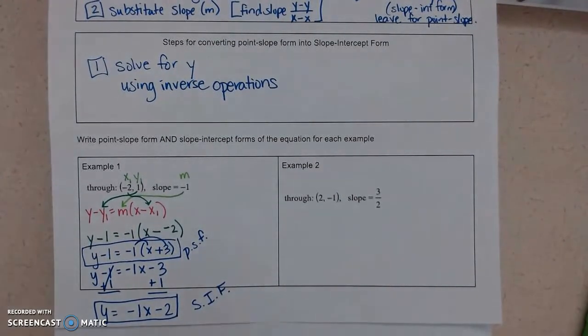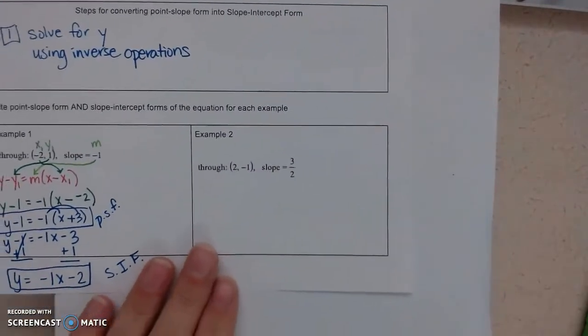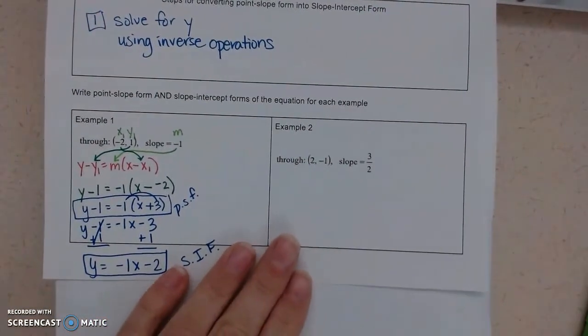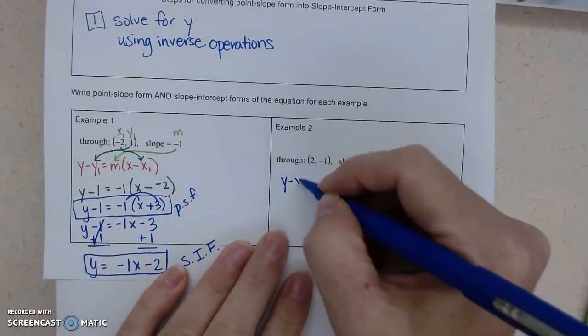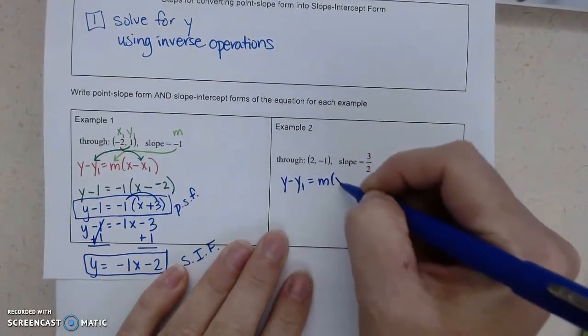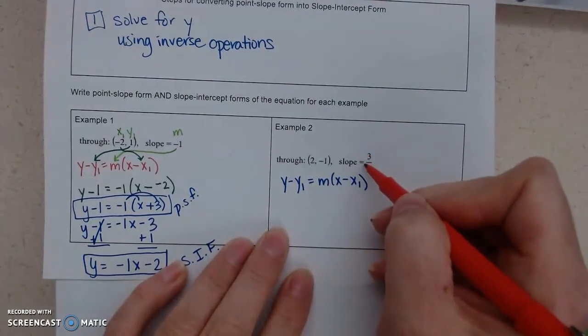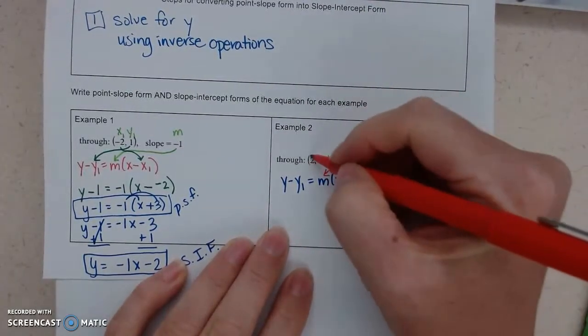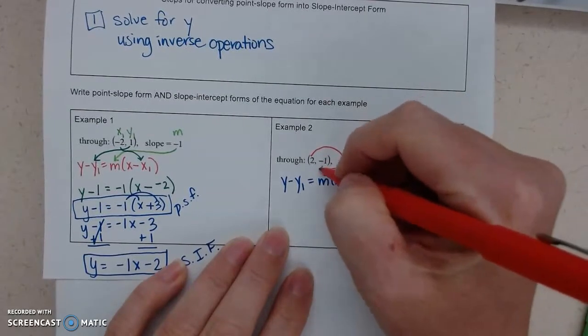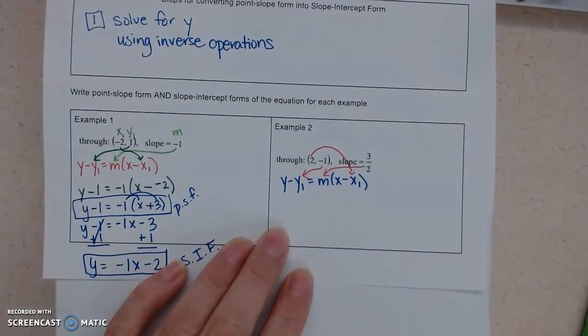All right, let's do another example. On our second example, we're going to do y minus y1 equals m times x minus x1. We're going to substitute our slope, substitute our x value, and substitute our y value.